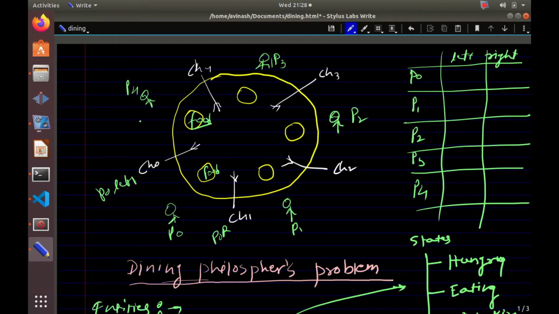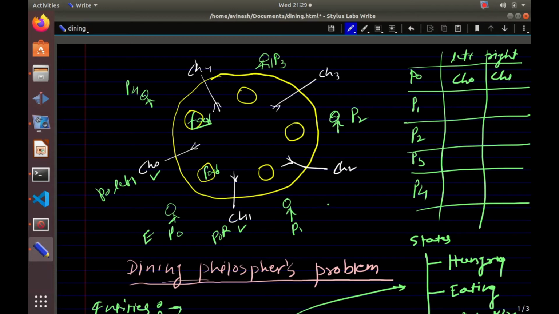So the problem here is when P0 starts eating. Let us consider P0 is in the eating state. If P0 starts eating, then P0 will acquire this chopstick and this chopstick, CH0 and CH1. So P0 requires CH0 and CH1 for eating.